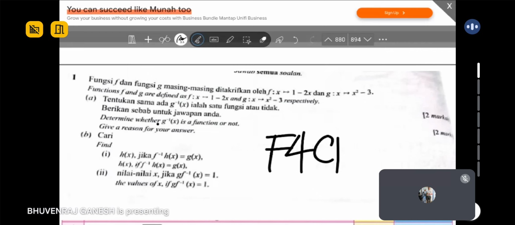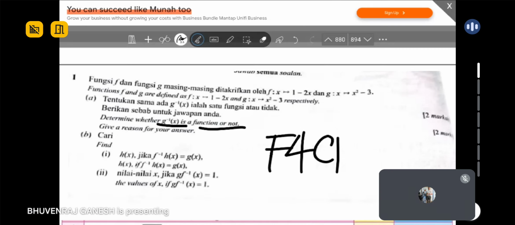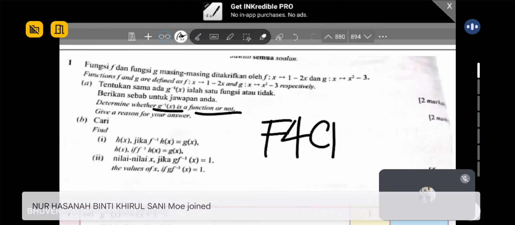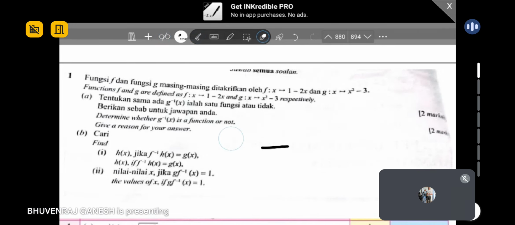So the first question. They ask whether g inverse x exists or not. Adakah fungsi g songsang tu adalah fungsi atau tidak? Okay guys, macam mana nak kenal pasti sesuatu fungsi tu fungsi atau tidak? Apa kriteria dia? How to identify whether the function is a function or not? What are the two types of relation that we can call as function?